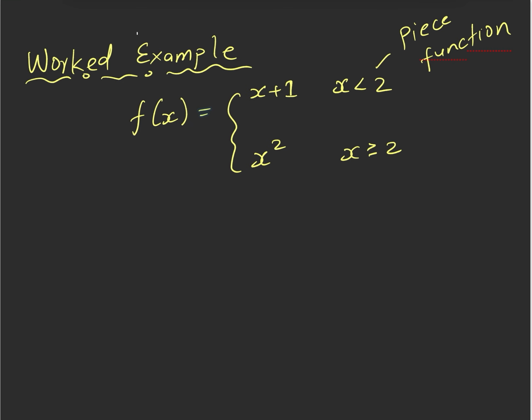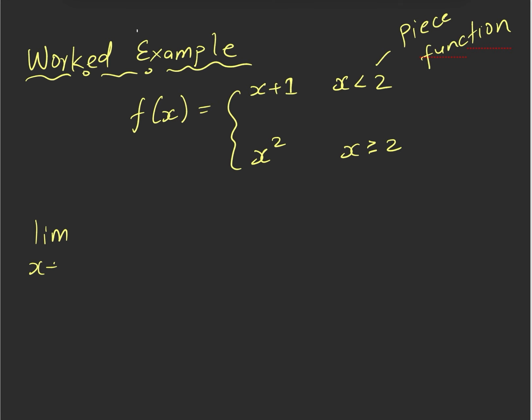So here, let's figure out what the left and the right hand side limits of this function are, which is the most logical step even if you're trying to just find the overall limit. So we have to figure out the limit as x approaches 2 from the left hand side of f of x, and the limit as x approaches 2 from the right hand side of f of x.